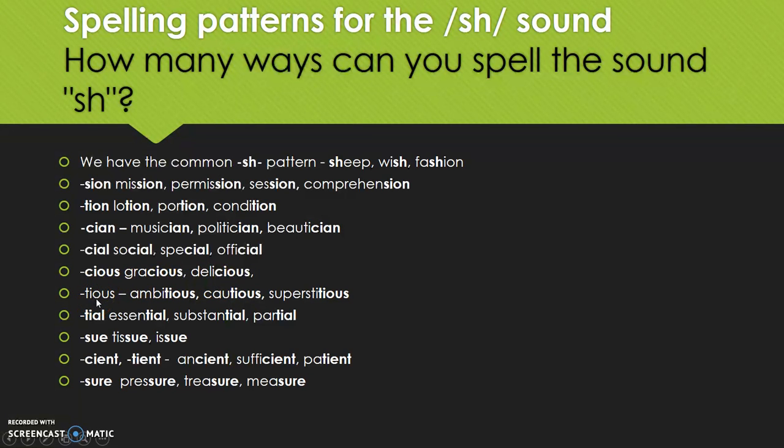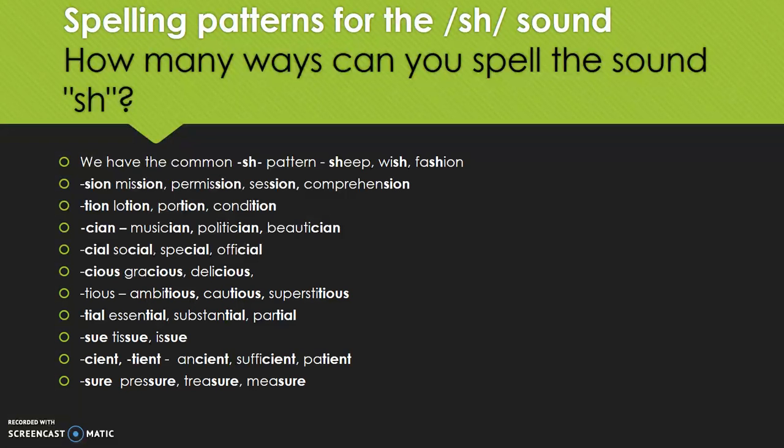TIOUS says shus, same as CIOUS says shus, but TIOUS is as in the words ambitious, cautious, superstitious. TIAL says shoal, such as in the word essential, substantial, partial.